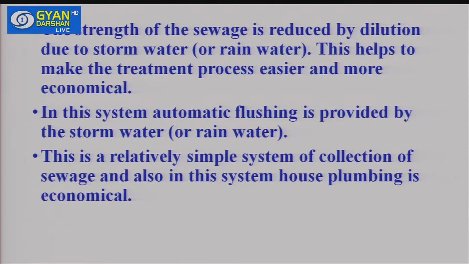So to avoid choking of pipes, a natural flushing occurs here, because rainwater or storm water is also carried through these pipes. Then this is a relatively simple system of collection of sewage, and also in this system house plumbing is economical. So these are the advantages of the combined system.